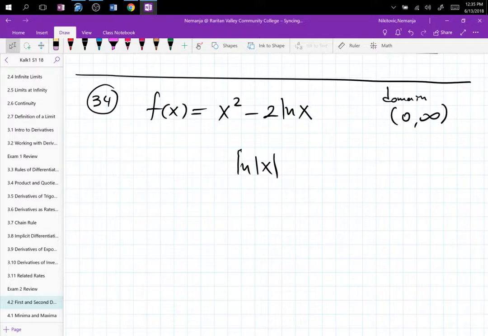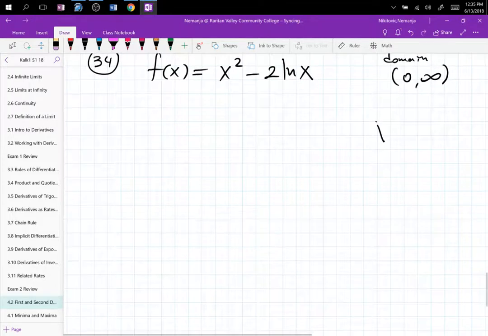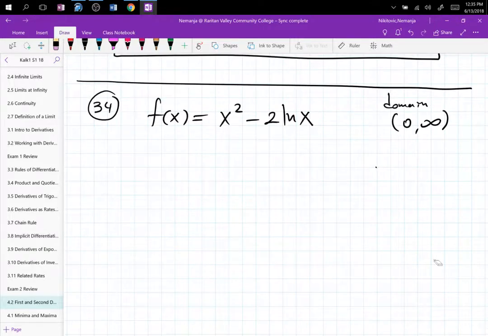So our domain now is only positive numbers because negatives are not allowed without absolute value. If you have absolute value, you still have to kick 0 out of the domain because there is a vertical asymptote there. So we also know that there is a vertical asymptote at x equals 0.